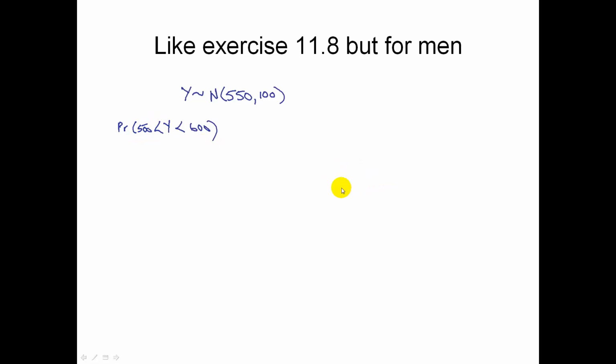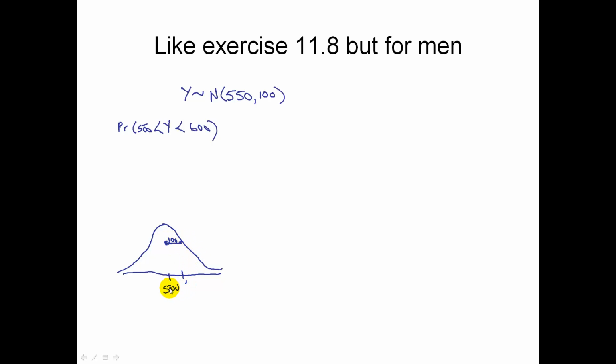So we should always start by drawing the curve, as best we can. Sorry for the lousy curve. Let's say the inflection point is there, not really accurate, but we're going to say the standard deviation is about 100 in width.